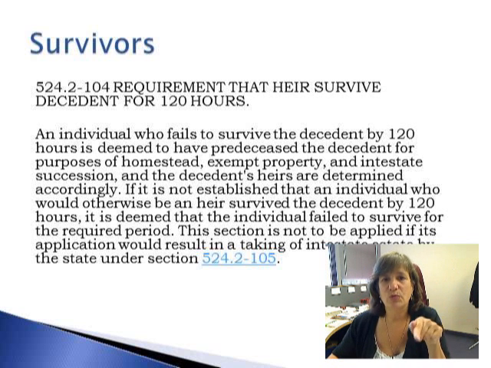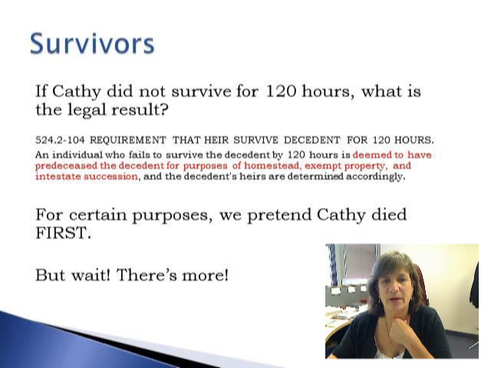An individual who fails to survive the decedent by 120 hours is deemed to have predeceased the decedent for purposes of homestead, exempt property, and intestate succession, and the decedent's heirs are determined accordingly. Okay, and then there's a couple other parts. We'll unpack all of this.